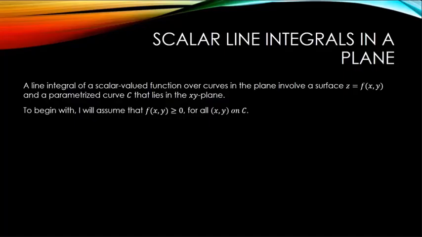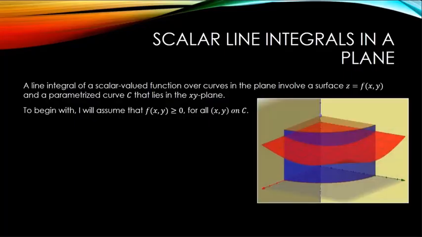The first thing I'm going to plot is a surface in 3D space. I have a surface that isn't necessarily a flat plane that intersects my z-axis but lies above the xy plane. There is a parameterized curve C(s) that lies in the xy plane.